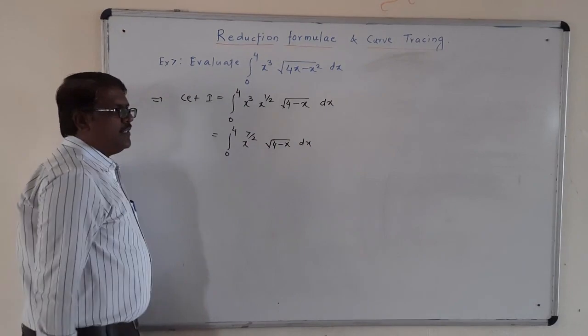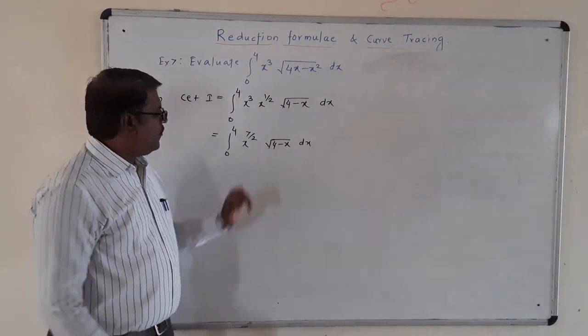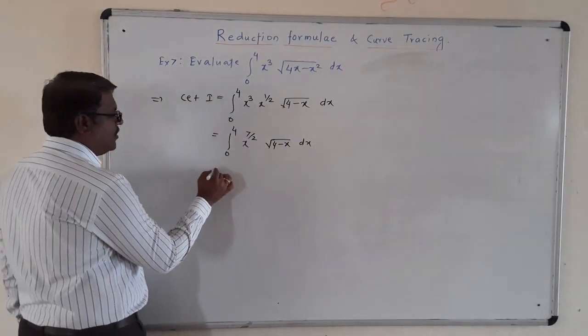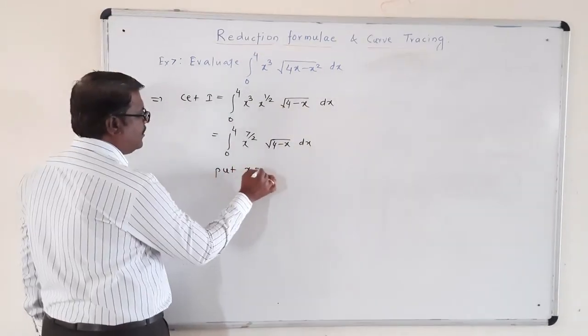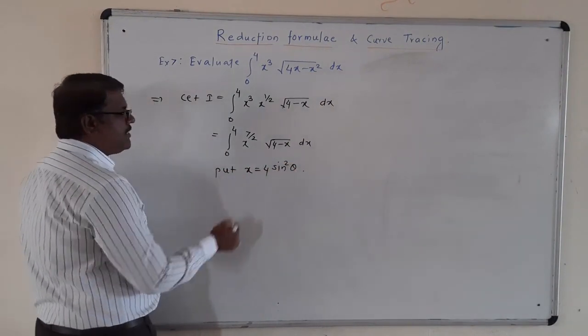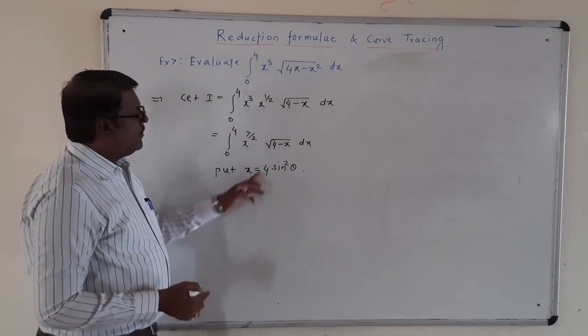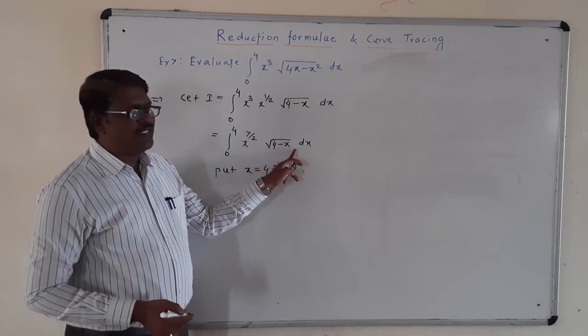Now as under the square root it is 4 minus x, therefore we will substitute, put x is equal to 4 sin square theta. When I substitute x is equal to 4 sin square theta, then 4 minus 4 sin square theta.